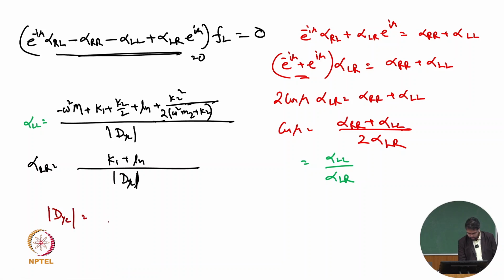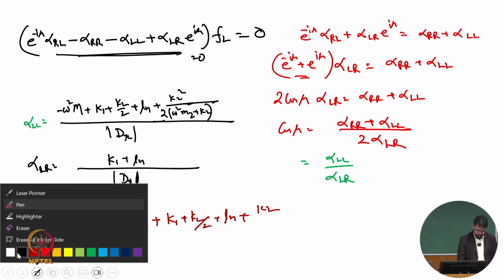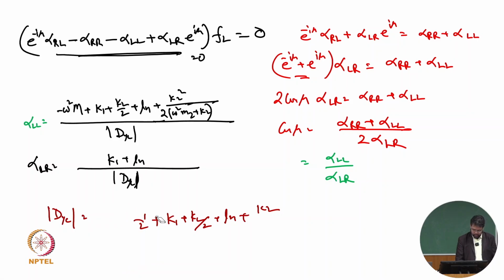That is equal to minus omega square m1 by 2 plus k1 k2 by 2 plus ln, plus, sorry, this is actually the summation of these two, means this and this square.